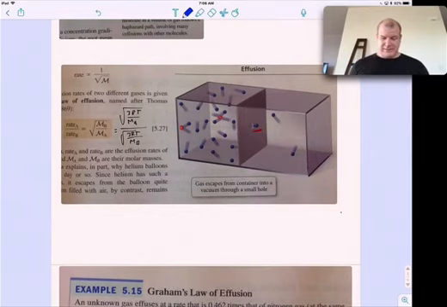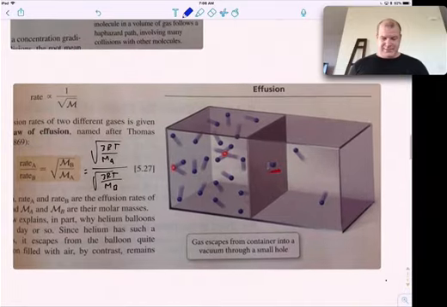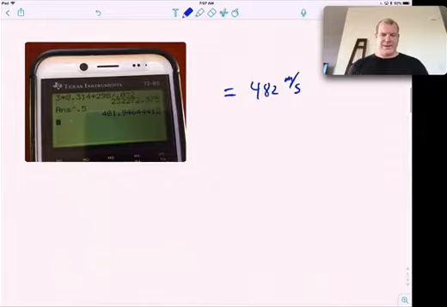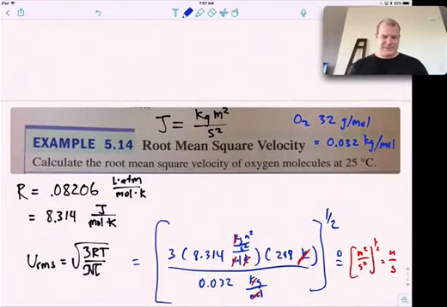So let's say that you have a container and you have a hole in the container, and then the gases can slowly go into the other container, and the rate of it is just the speed of one over the speed of the other. The speed is proportional to 1 over the square root of the molecular weight, from the root mean squared velocity, right?